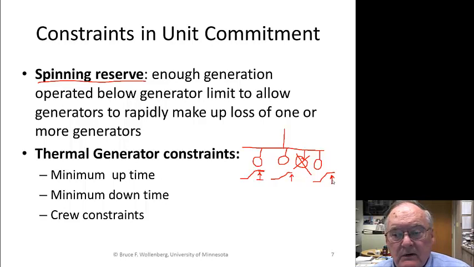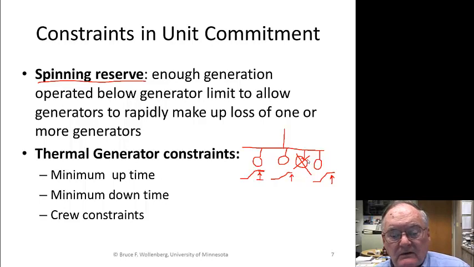It's spinning because these units are on, they're synchronized, they're putting power into the system. If this unit goes off, I can't run to the plant next door and start shouting, quick, put the unit on, because the unit may need hours to come on, or even many minutes. It's got to come from units that are spinning.